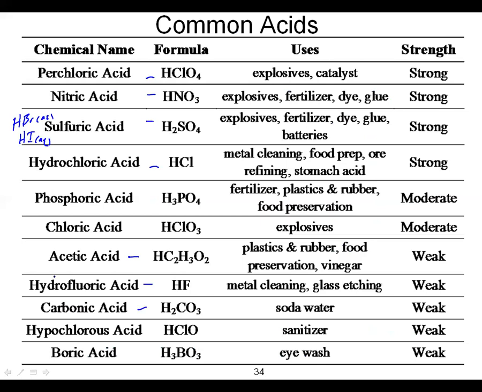These are weak acids. So remember that strong acids and even strong bases are both strong electrolytes. And if you remember, strong electrolytes are guys that when they go into water, 100% break apart into ions.